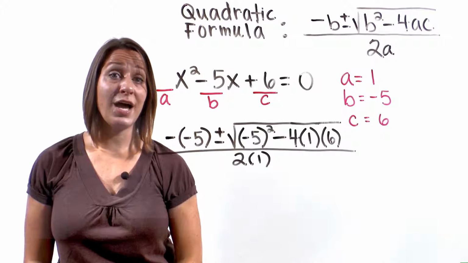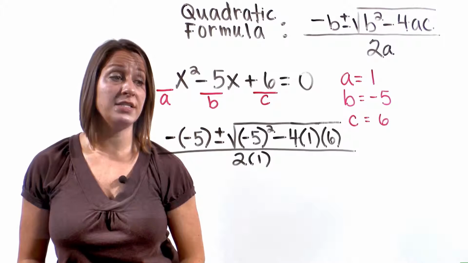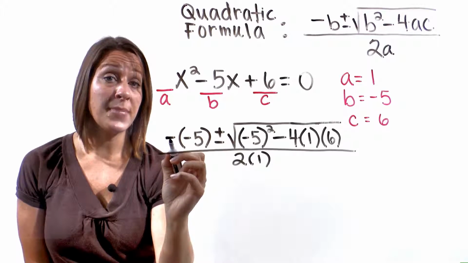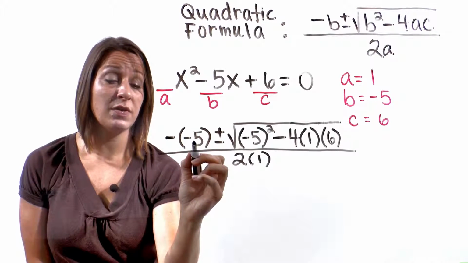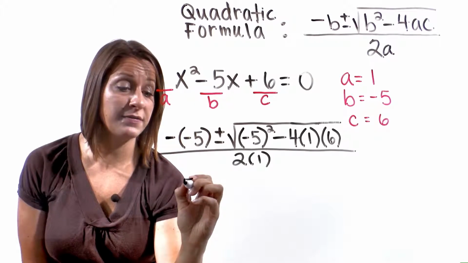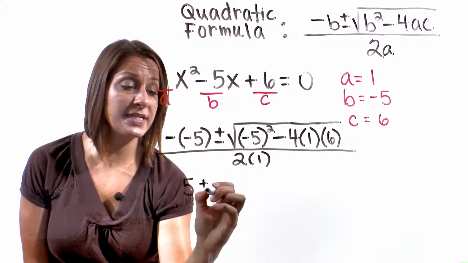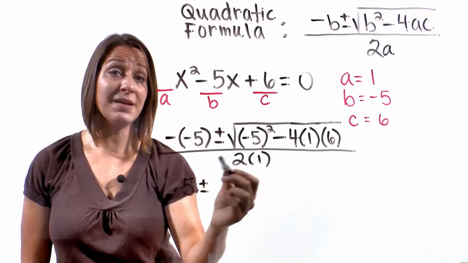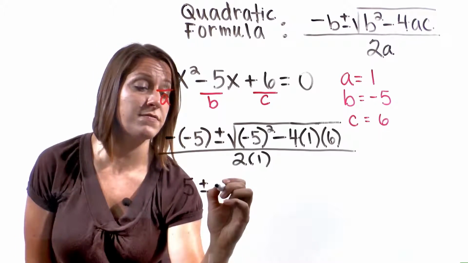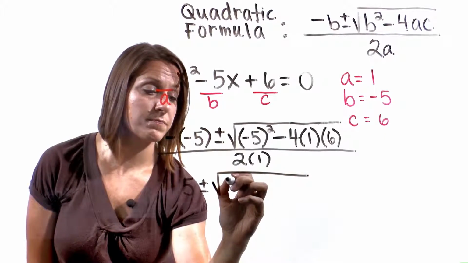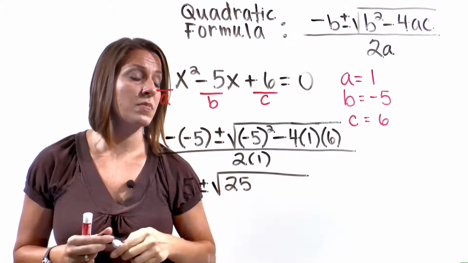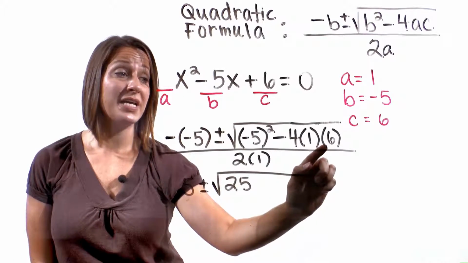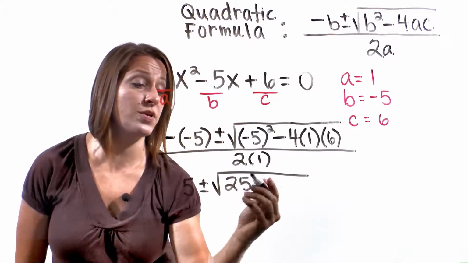Now, it looks like a lot, but we're going to go through here and simplify this using order of operations. First thing that we can do is take the minus -5, and that turns into a +5. The plus or minus stays the same. Underneath the radical, we have -5 times -5, which is 25. And then we have -4 times 1, which is -4, times 6, which is -24.